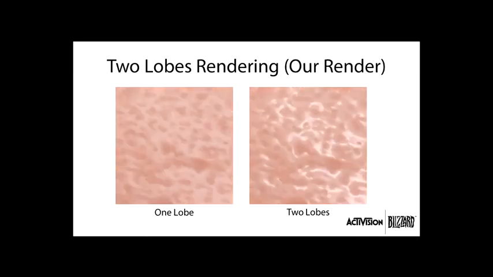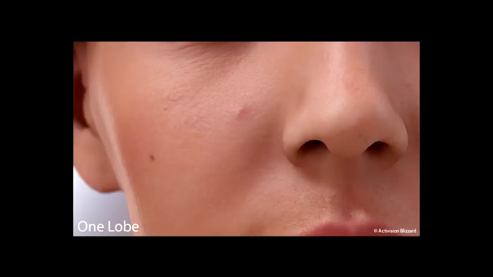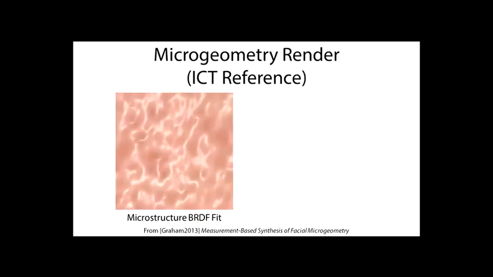You can see that it's actually pretty similar. And this is the difference from using one lobe and using two. You can see there and here some additional specular glints that I think are important for conveying that the face is actually oily.